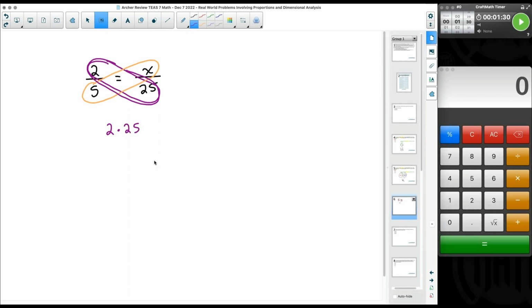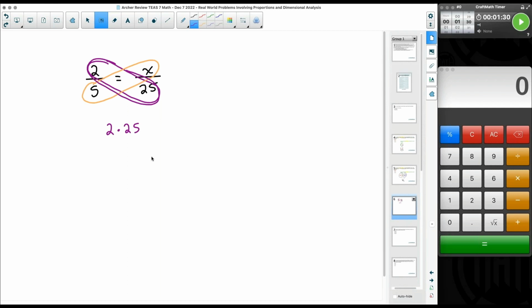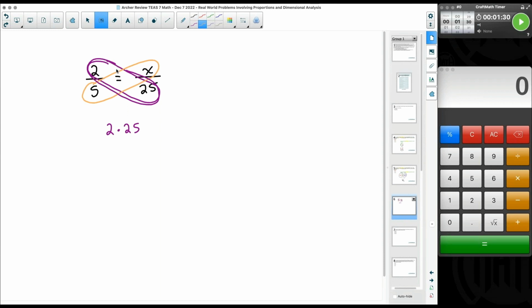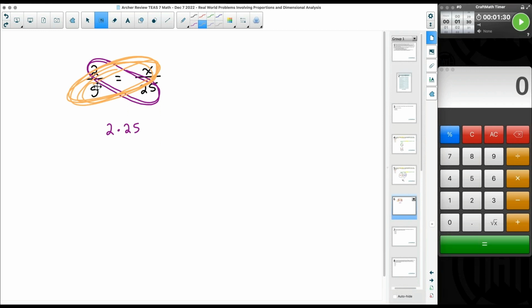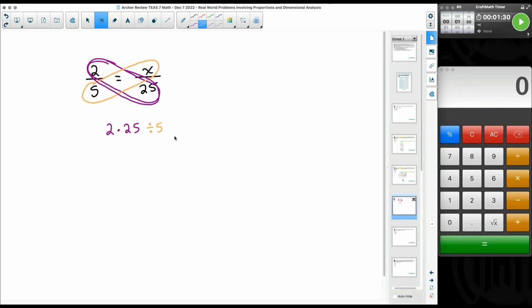You don't even have to press equals. I'm trying to show you how to do this quickly in the calculator. You multiply the 2 numbers, and then whatever number is with the x, immediately go ahead and divide by it. This will work every time.